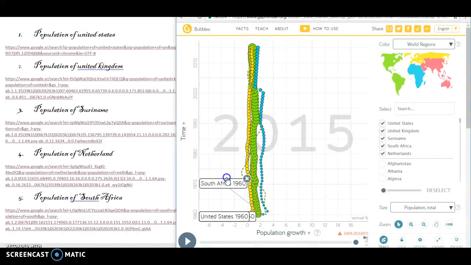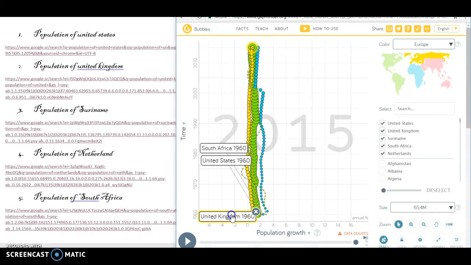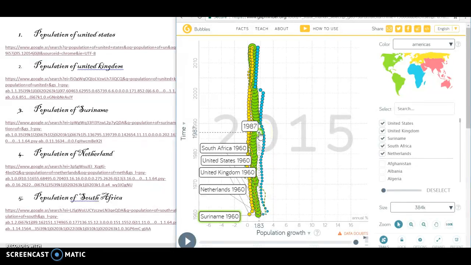The United States is the biggest one, has the most population, and the smallest one is Suriname.